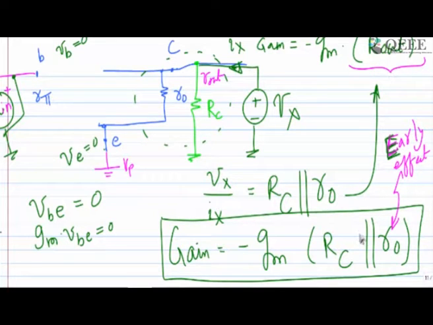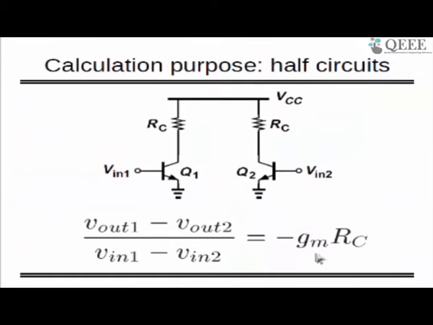In this circuit you see minus gm times RC, but that does not cover the Early effect voltage. In our case, we assume there is an Early effect, and because of that the circuit becomes more realistic, since it includes one second order effect.